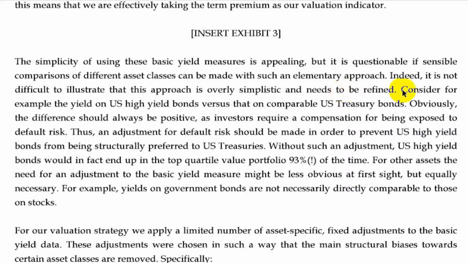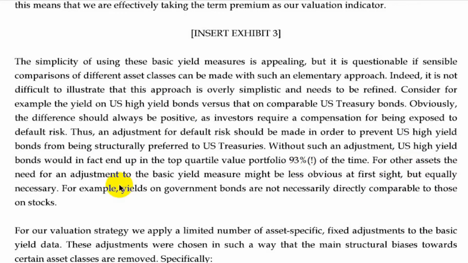For instance, without their adjustments, it may turn out that high yield bonds are structurally preferred over U.S. Treasury bonds if we don't take into account the default risk that we're taking when taking on the high yield bonds. And in fact, when you don't make this adjustment, it turns out that you get high yield bonds over Treasury bonds 93% of the time, and that's probably not real world effective.